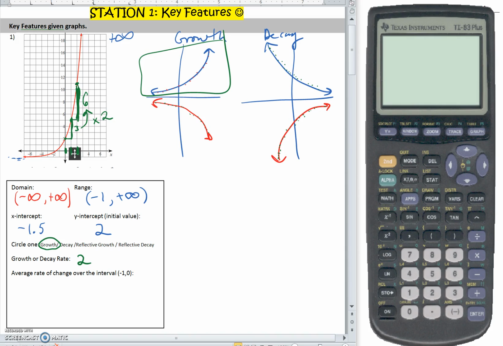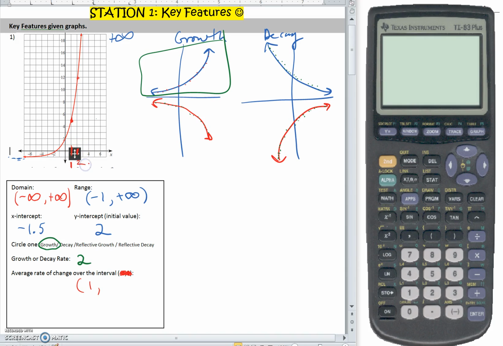Average rate of change. This is going to be a concept from first semester. And I'm going to change the interval here just to use some nice numbers. Let's say we're looking from points from 1 to 2.